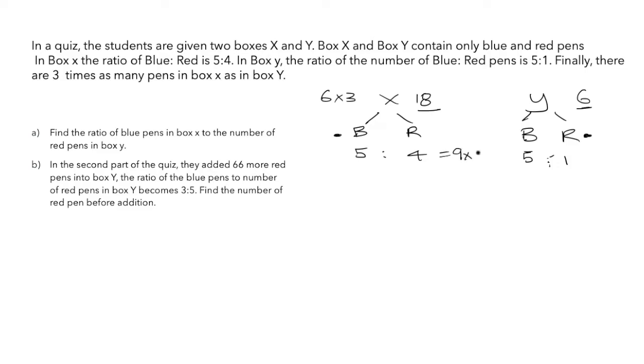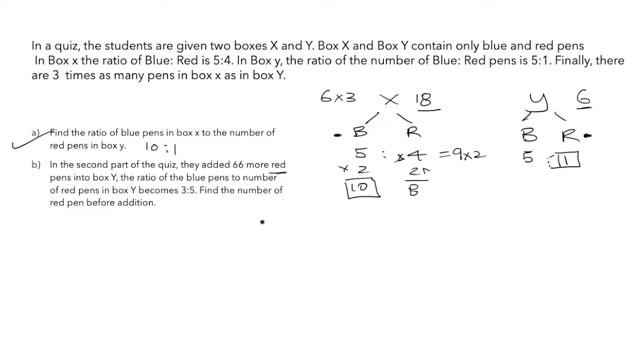I times this by 2, which means this one I need to times 2 as well. Now this becomes 8, and this one times 2 becomes 10. So the ratio of blue in X to red in Y is actually 8:10.